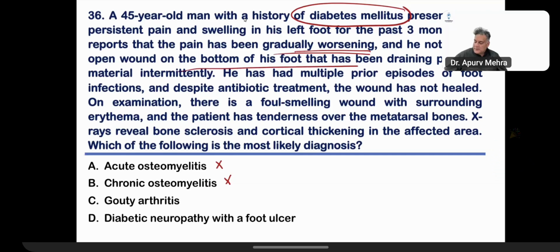Open wound at the bottom of his foot that has been draining purulent material intermittently. He had multiple episodes of foot infection. This is the whole story.